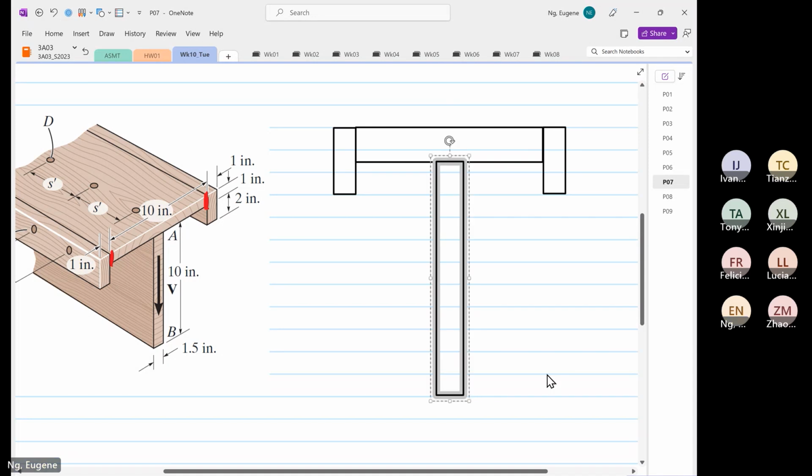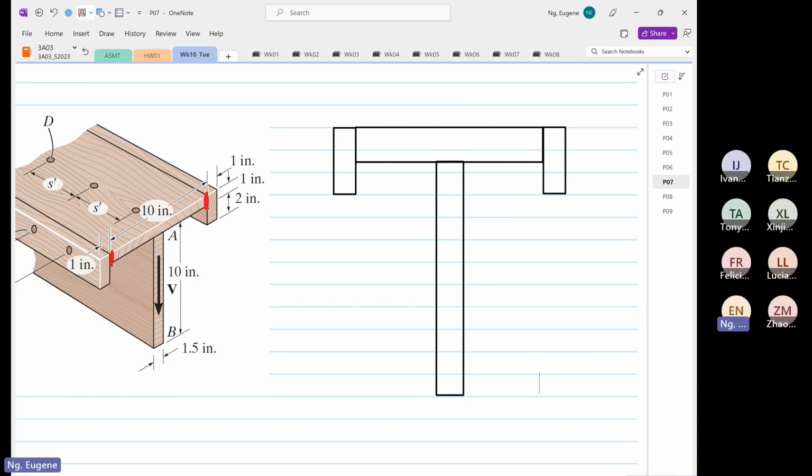And then we have fasteners. So we have three different fasteners: 1, 2, 3. So we're going to design the shear flow first. Remember, the major web controls the flow.